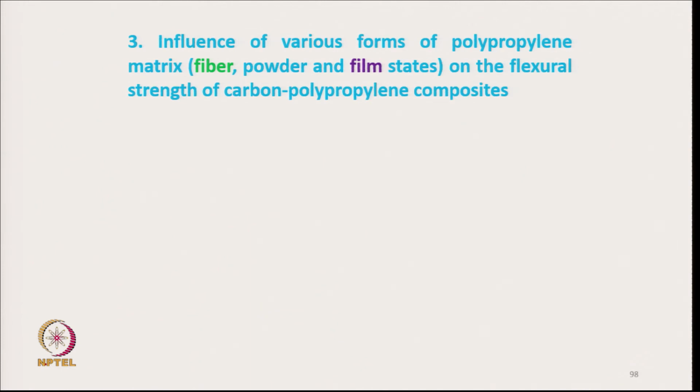Now, we will see the influence of various forms of polypropylene matrix on flexural strength of carbon polypropylene composite. Now, we will come to the composite making. So, the polypropylene matrix is in the form of fiber, in the form of powder and in the form of film.